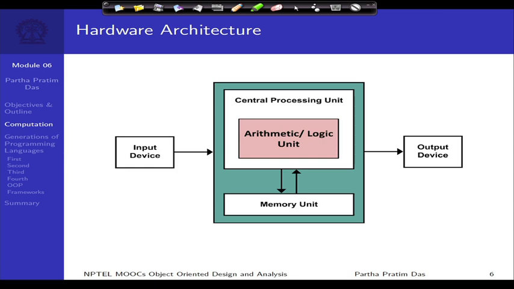There could be additionally secondary hardware storage and so on. There will be an input and there is an output device. So, this is the basic computing model, and I am sure all of you are aware of this model.